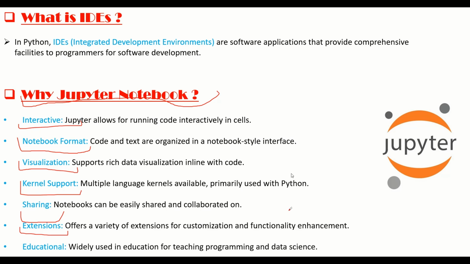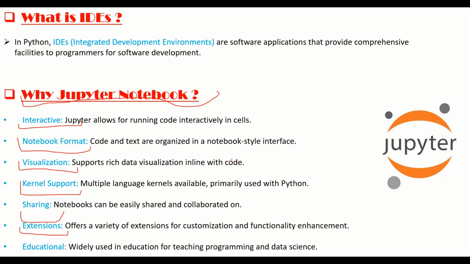Moving to the next feature, extensions. So guys, what are extensions? It offers a variety of extensions for customization and functionality enhancement. So, understand it. Jupyter offers a variety of extensions that enhance customization and functionality.